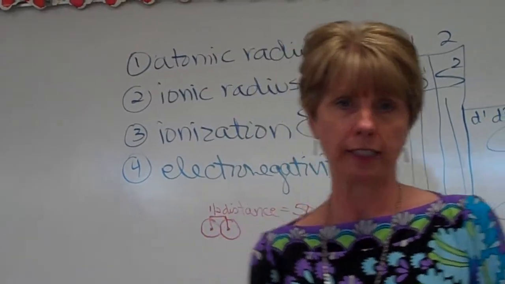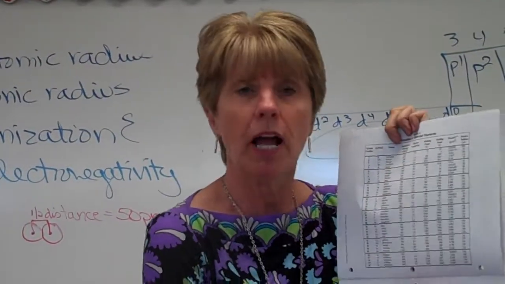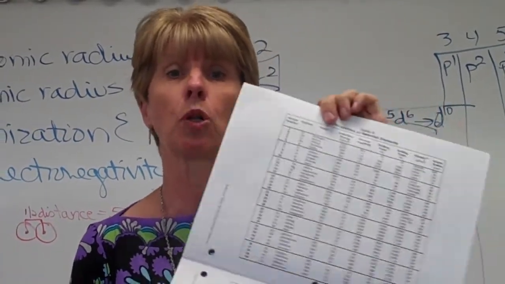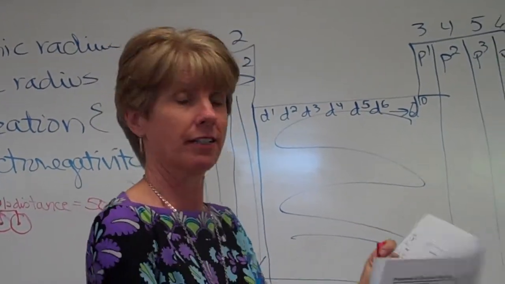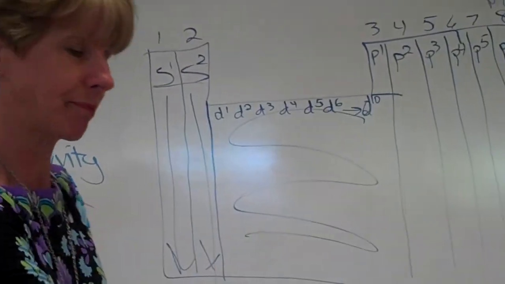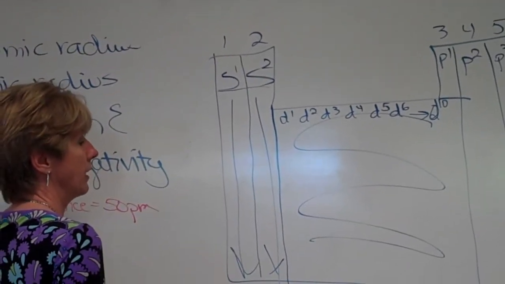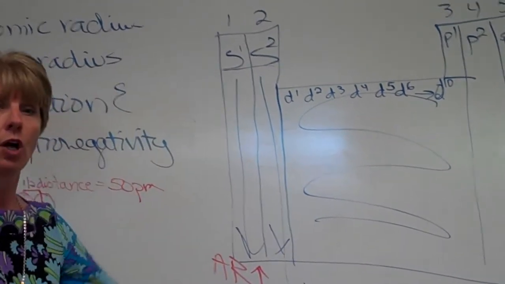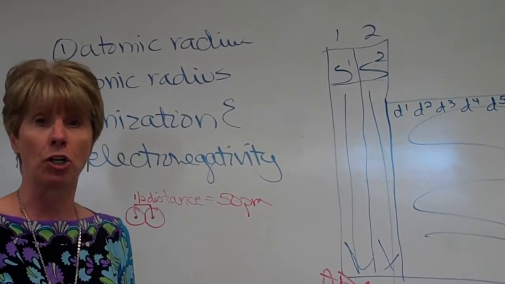But what's the trend? Now, of course, you could look them all up and then plot a graph like I made you do during our study on the periodic table, or you can memorize the trend. Here's the trend. Remember? When you go down a family, atomic radius increases. When you go down a family, atomic radius gets bigger.